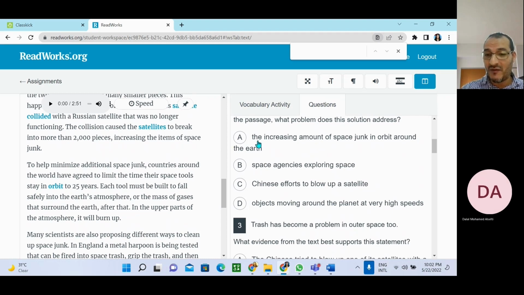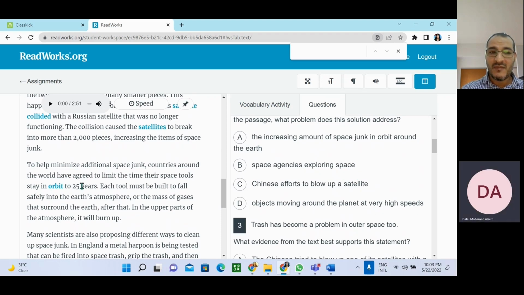That means you get rid of the junk or trash, right? So what is the problem when you don't get rid of it? It would be the increased amount of space junk in orbit around the Earth. This is the problem. Orbit means moving around the planet at very high speeds.